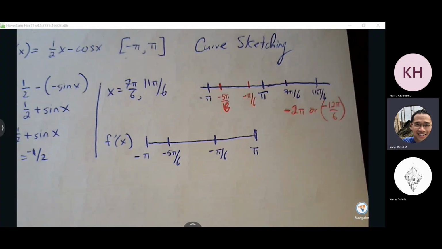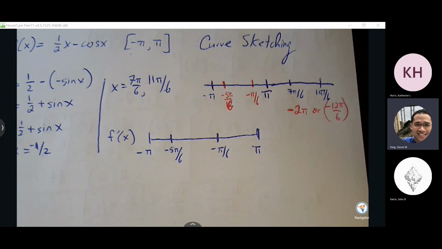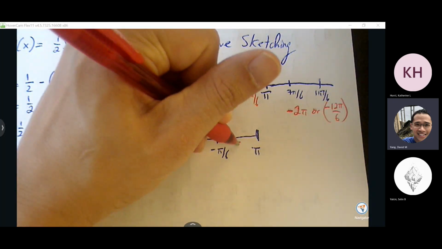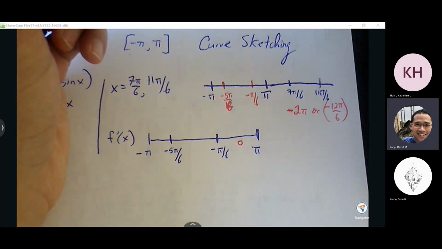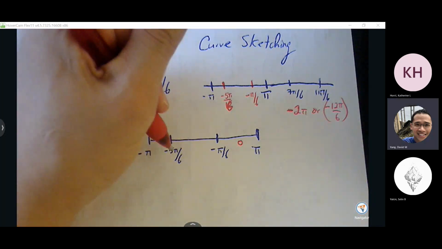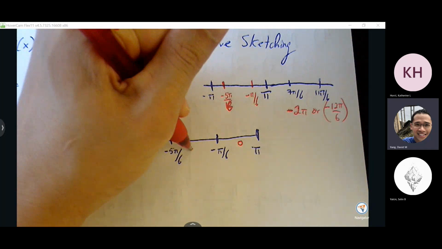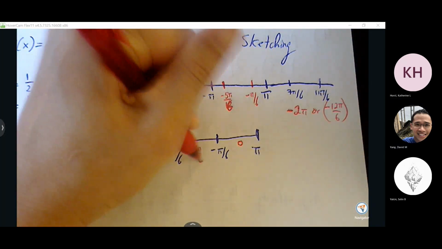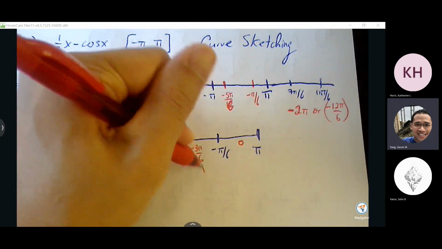We know our graph is going to be oscillating, but let's test some of these values. I can test 0 between negative pi/6 and negative 3pi/6. I'll choose negative 3pi/6, an easy value because that's just negative pi/2.